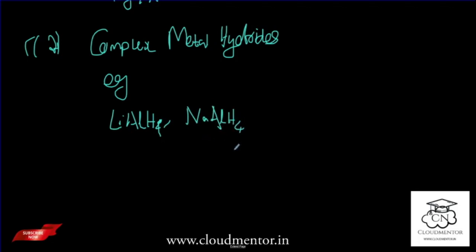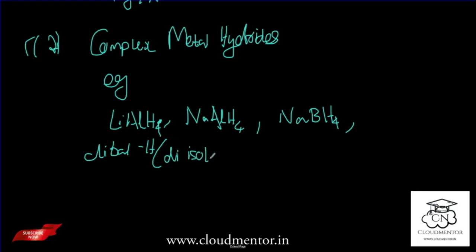They are all complex hydrides, and NaBH4, and DIBAL-H. It is the diisobutyl aluminum hydride. Okay, and so on.